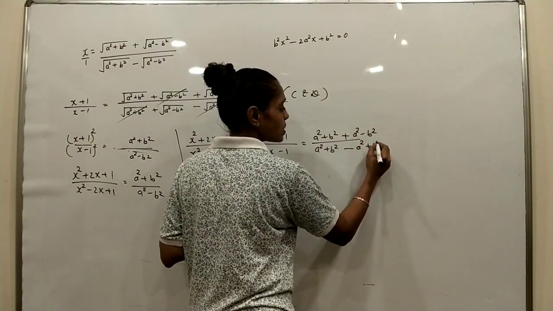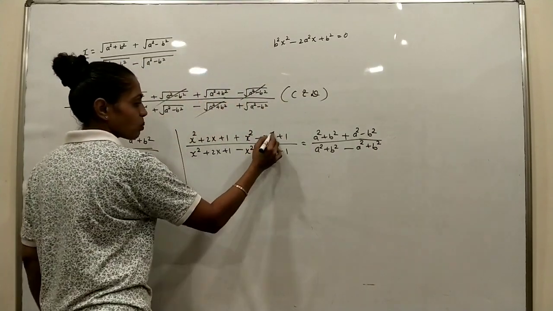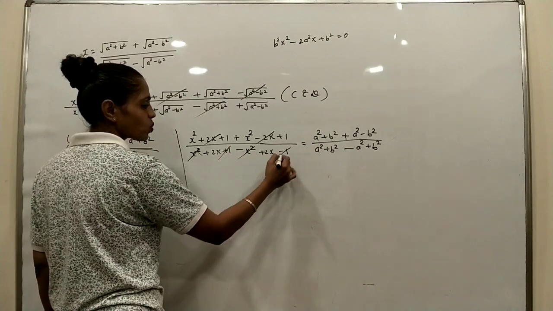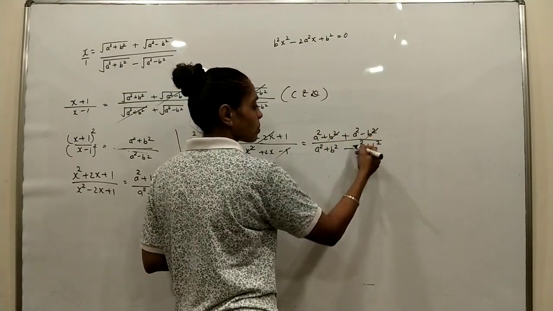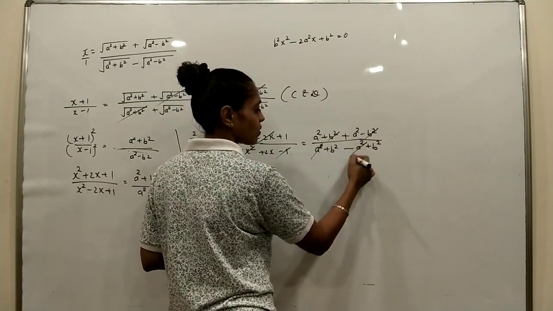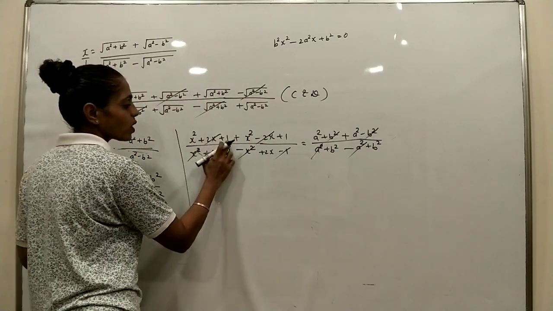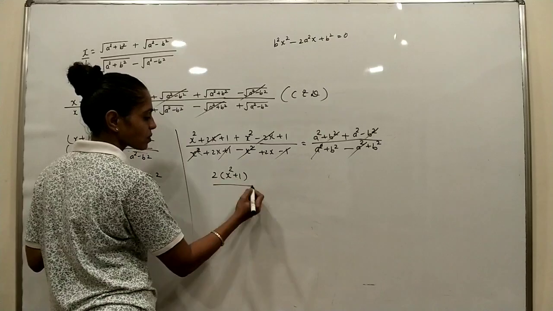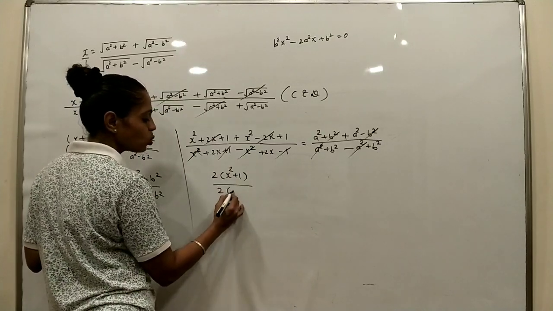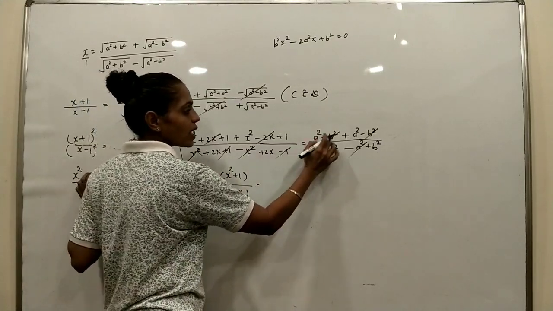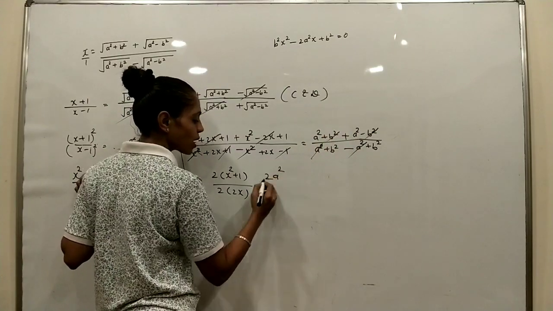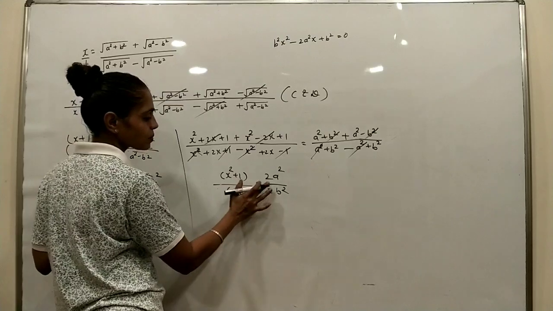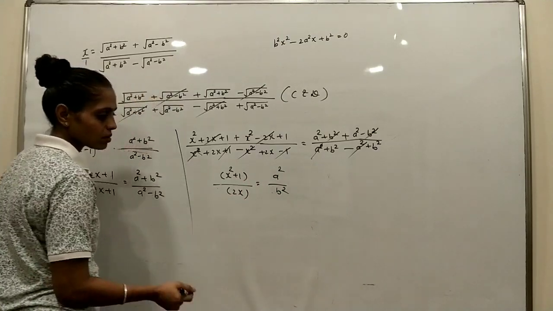Minus a square plus b square, plus 2x cancel, plus x square minus x square, plus 1 minus 1 cancel, a square b square cancel and a square cancel. x square plus 1, x square plus 1, that is 2 times x square plus 1, 2x and 2x that is 2 times 2x, a square and a square that is 2 times a square and 2 times b square. 2 and 2 cancel, 2 and 2 cancel.